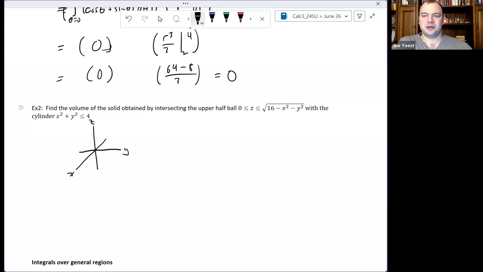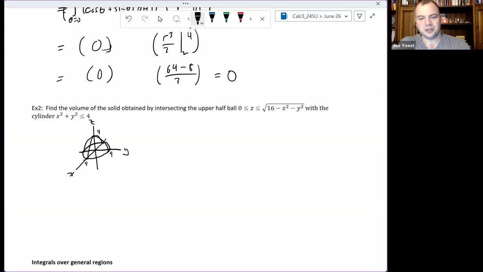Well, the upper half ball is of radius 4. So it has a cross section in the xy plane that looks like that. And this is 4, that's 4. And it kind of comes up to height 4. Like this.